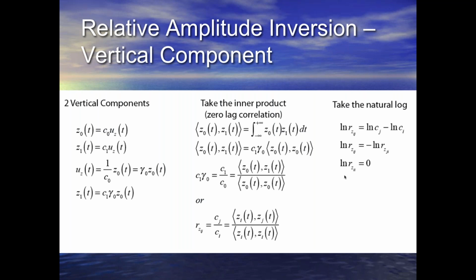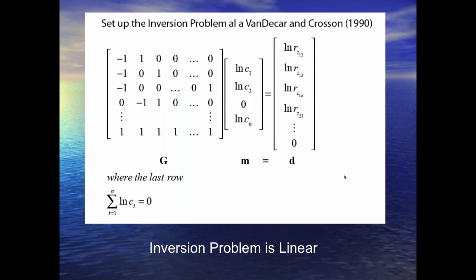So we're going to average over the entire array and say that it must have an amplitude of 1, and put this into a standard linear inverse problem. This is from Van der Kar and Crossan, who used it for relative times. It's the same problem. And you can solve this problem and get all those amplitude multipliers with this constraint, that the average comes out to 1, or the log of all of them come out to 0.